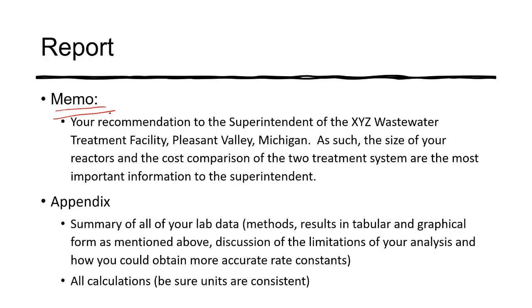So you're going to determine the decay rates, use the decay rates in determining the volume, and use that information to determine the cost. And that's what you report, because in a general sense, that's what a decision maker needs. They need to know how much it's going to cost and how much space it is going to require.